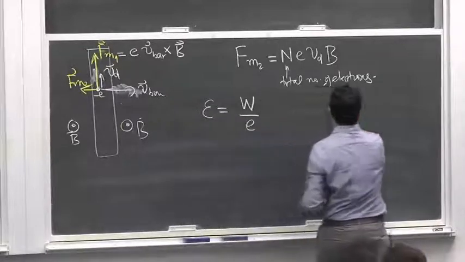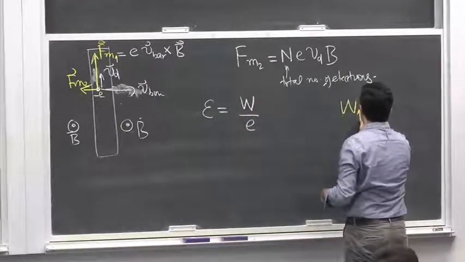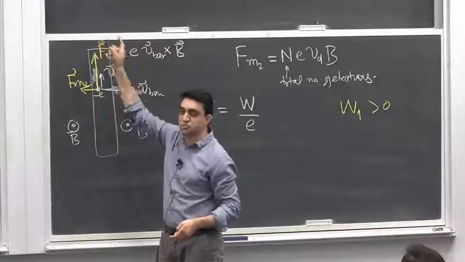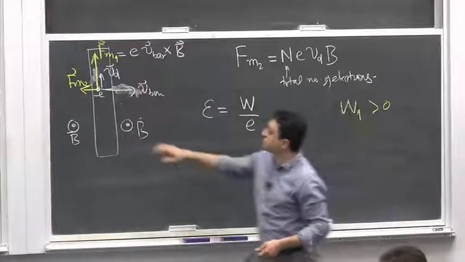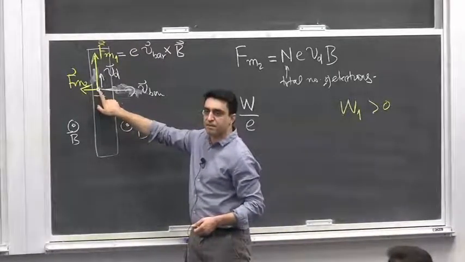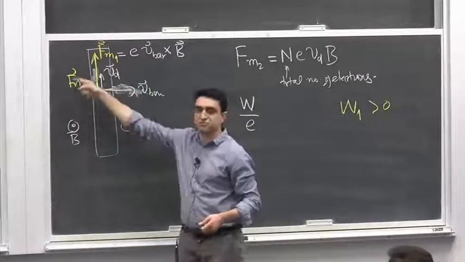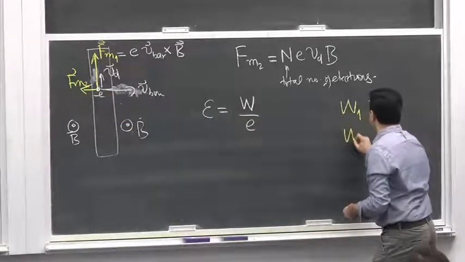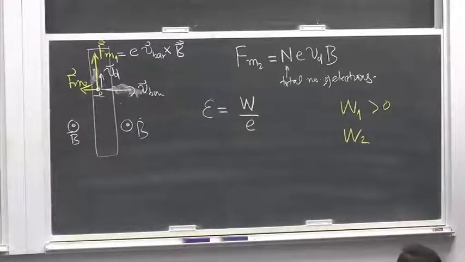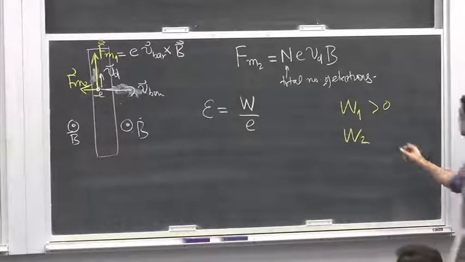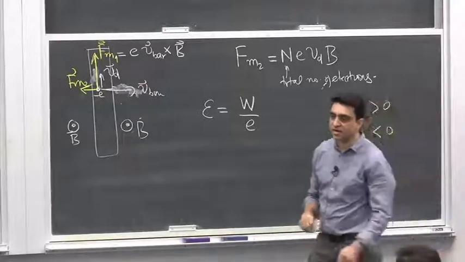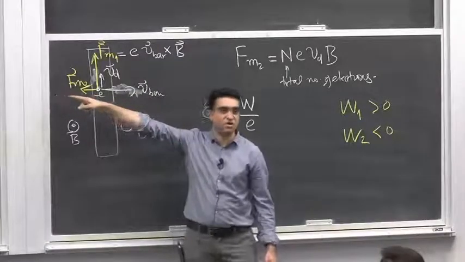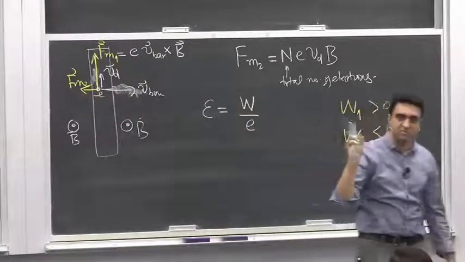So let's take work along one, that is a positive work, because the force is in the same direction and the movement is in the same direction. What about this force? The particle is moving in this direction, but the force is in the opposite direction. What would be the work done by part number 2? Would it be positive or negative? It would be a negative work. Because as a whole the particle is moving in this direction, but the force on it is in the opposite direction, so you have a work which is negative in sign.